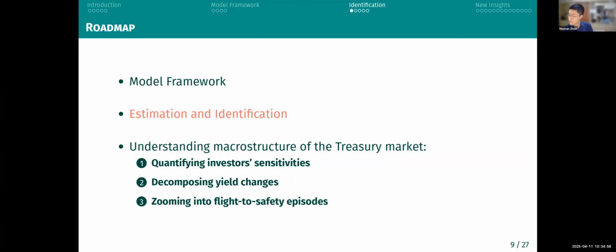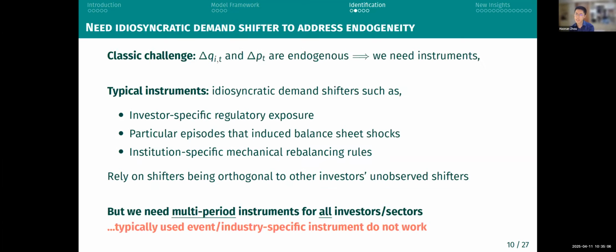All right. So let me quickly go to the estimation, because I don't think we have a lot of time, but I do want to show you some results. So basically the identification challenge is that we have this classic joint determination problem, or simultaneity problem, that changes in quantities and changes in prices are both endogenous.